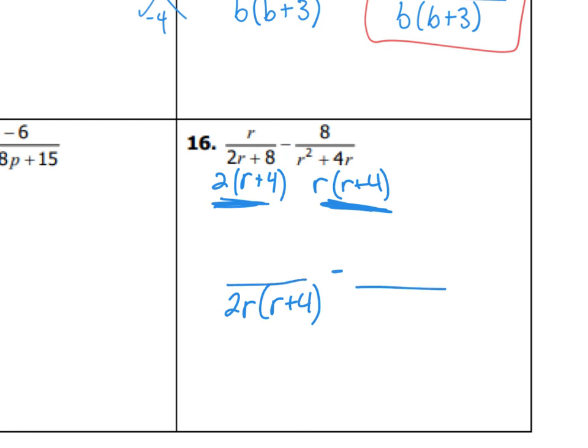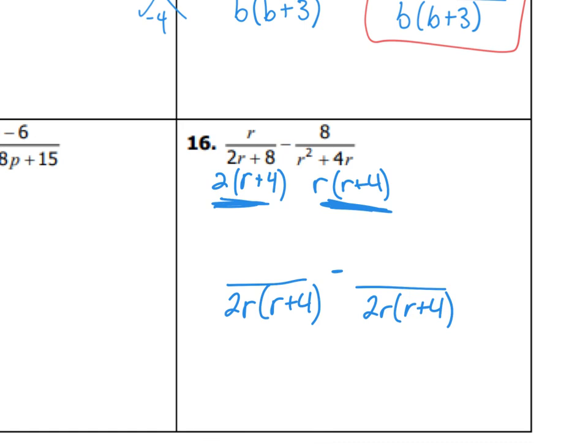So I'm going to write it out twice. Eventually you'll get to where you do these fast and you'll write it out one time, okay? But we'll keep these separate for now. Looking at the first one, we just have 2 times r plus 4 as our denominator. What is it missing? It's got a 2 already. Just the r, right? So that's all I need to multiply that numerator by.